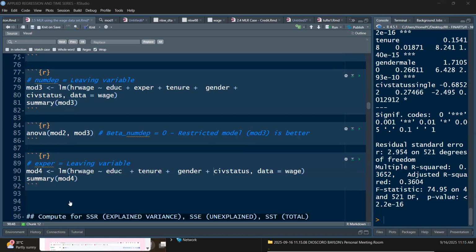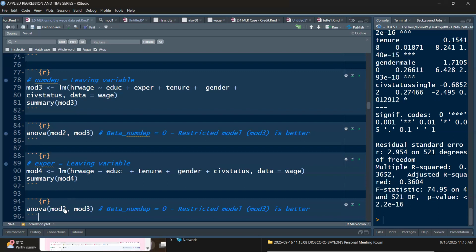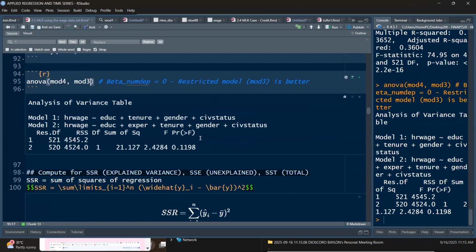Okay, and I think we have to check, like in the last class, this one, Control C, Control V. Let's check if model number 4 is preferred over model number 3. It doesn't matter, class, if you put 4 or 3 first. If you run this, okay.